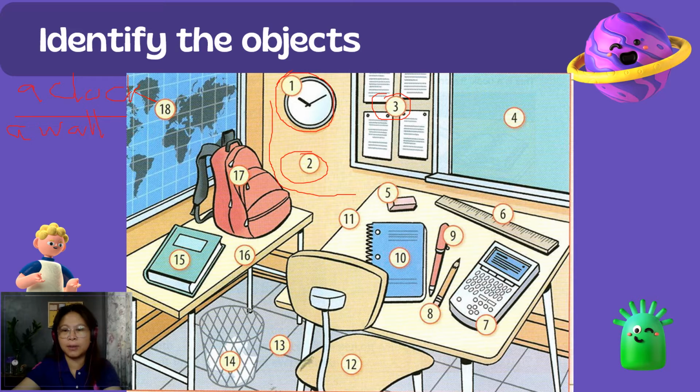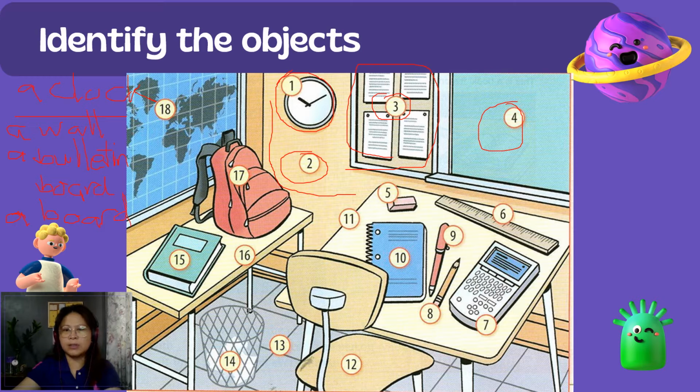Do you know what number 3 is? Number 3 is a bulletin board. You can find a bulletin board inside a classroom. Number 4, we have a board, a whiteboard or a blackboard.